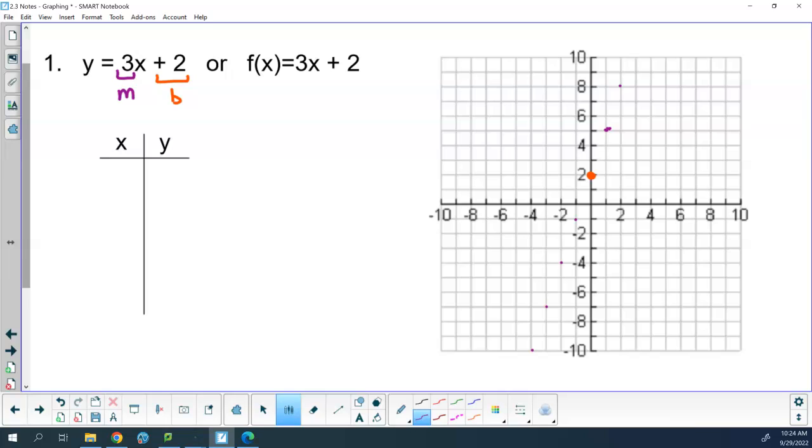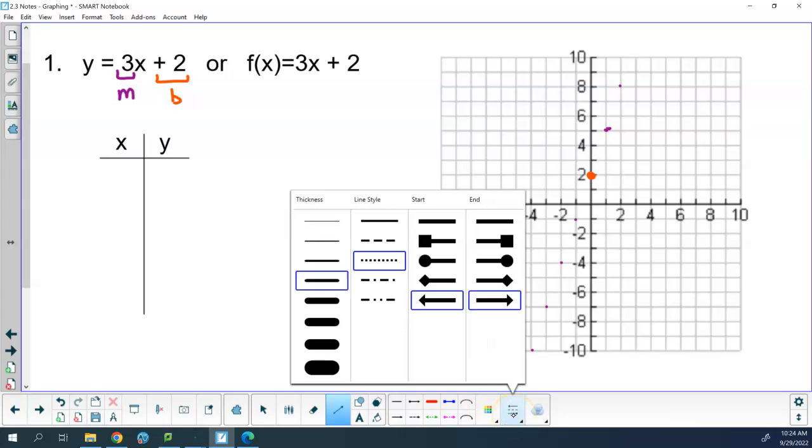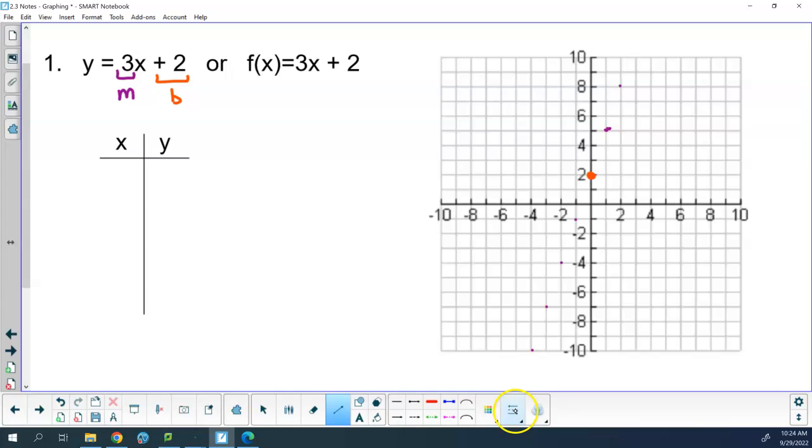Okay? Now, when I go to draw this graph, I want you to draw said graph all the way across your graph.